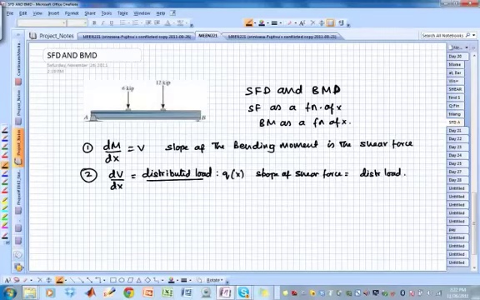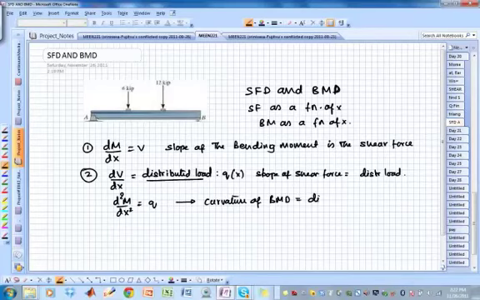And if you combine 1 and 2, you will get d squared M by dx squared equals q. So the curvature of the bending moment diagram equals the distributed load.